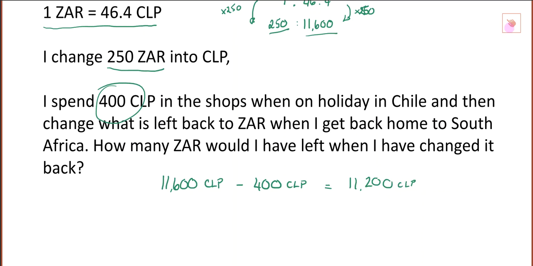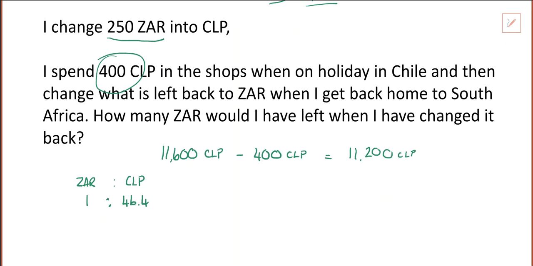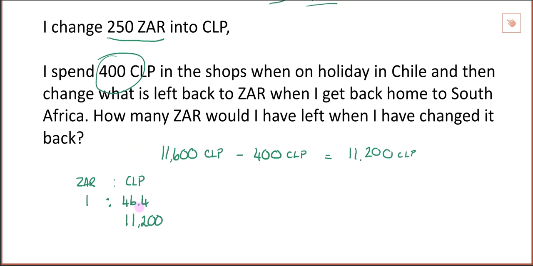All right, so I still have this exchange rate, so my rand to pesos is 1 to 46.4, but instead of the 11,600, I've now got only 11,200. So we need to figure out how many of these do I have, and then I can have 1 rand for each one lot of those.